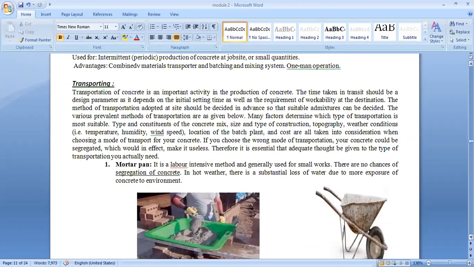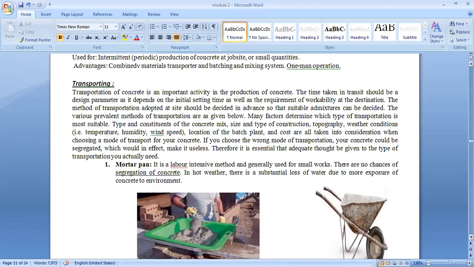Moving to the next point, that is transporting. Transportation of concrete is an important activity in the production of concrete. The time taken in transit should be a design parameter, as it depends on the initial setting time as well as the requirement of workability at the destination.